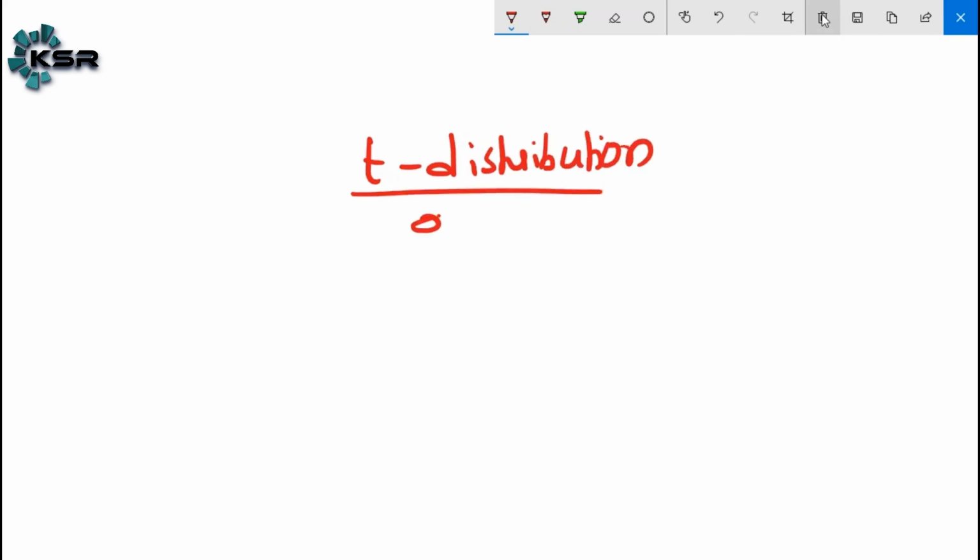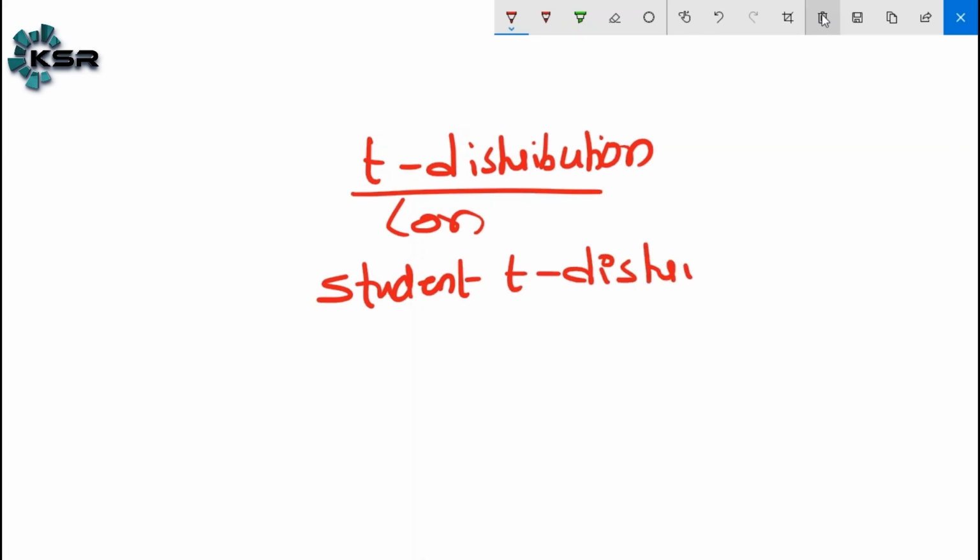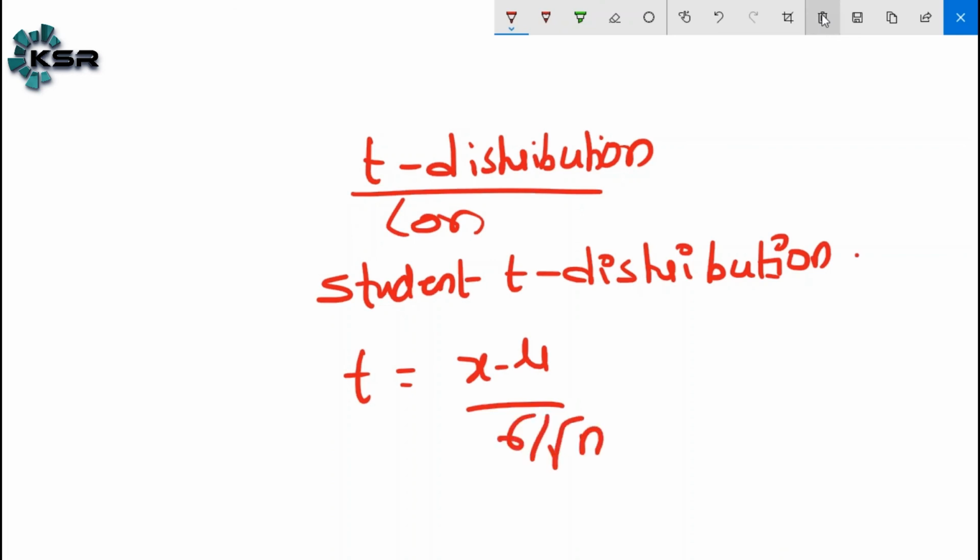Another name for t distribution is student t distribution. The formula is very simple. T is equal to x minus mu by sigma by square root n. Here n means the number of observations.